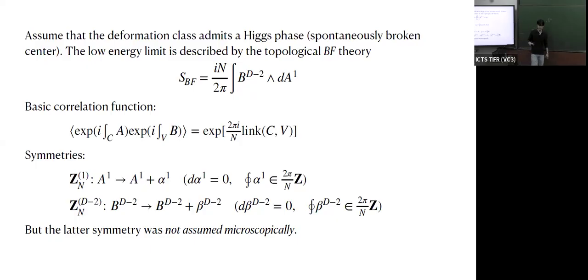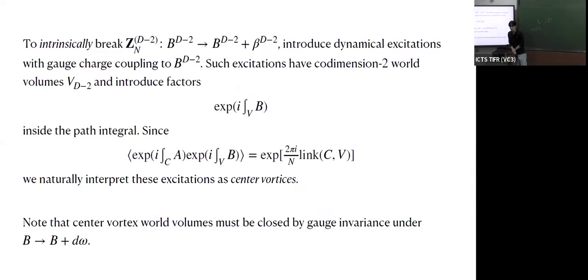So whenever we have an emergent symmetry in some low energy effective description, we should ask, is it robust? Does it deserve to emerge? And what that means practically is that we should break it and see what happens. So how can we break this symmetry? Well, generically, the way that we understand how to break such a symmetry is to couple the theory to excitations that carry gauge charge that couples to B. Now, such objects necessarily have world volumes of codimension 2, and they introduce this factor into the path integral.